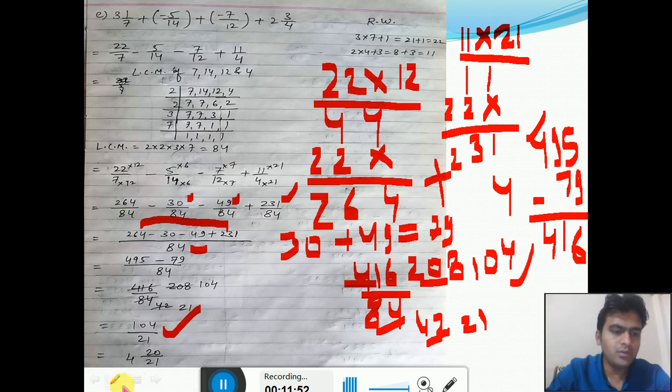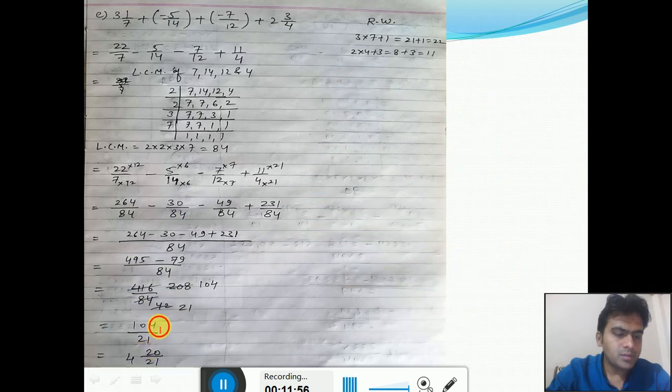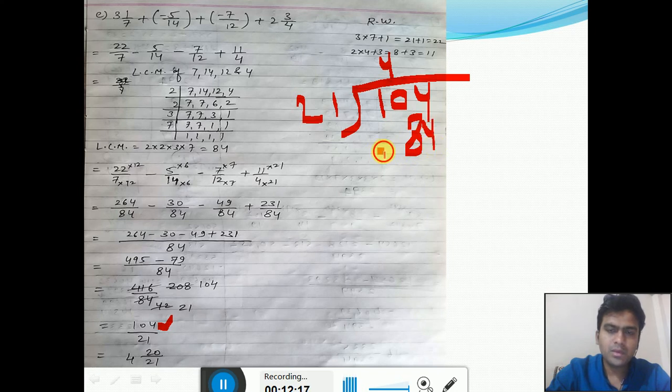Now what we will do here, the denominator is smaller than the numerator. The numerator is bigger, so we will change it into a mixed fraction. And how to change it into a mixed fraction? Write 104 inside here as the dividend, and the divisor 21 we will write here. Now 21 4s are 84. Now subtract.